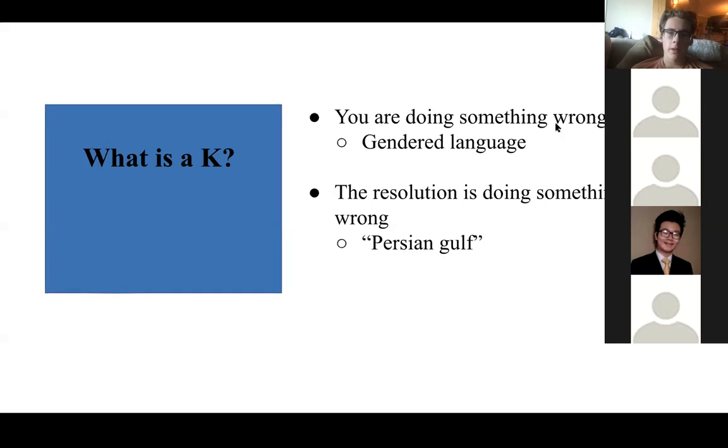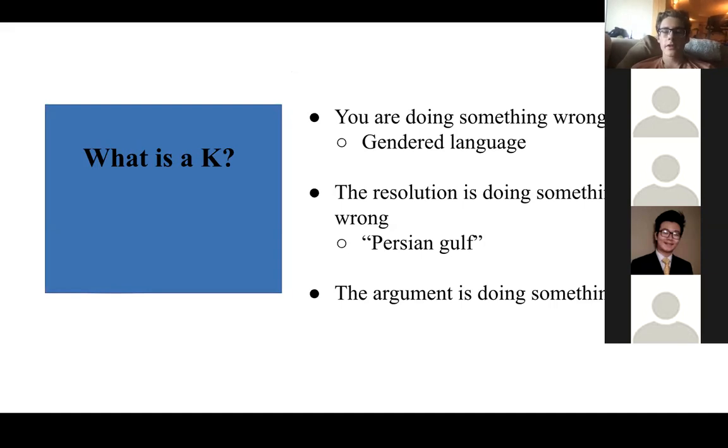There was a critique people would run that said the phrase Persian Gulf is colonialist in origin, and that was a reason to reject the resolution and therefore to negate. That would be one example of a critique where the resolution is doing something wrong.